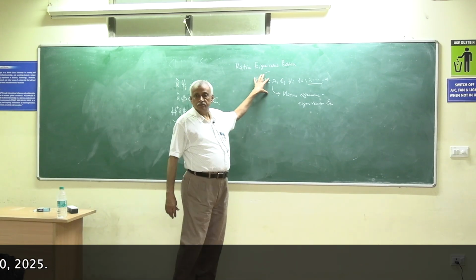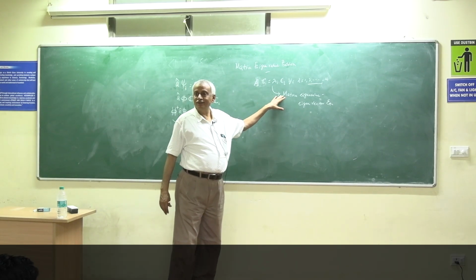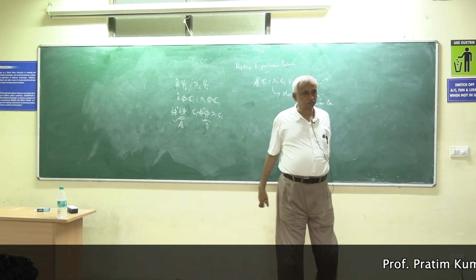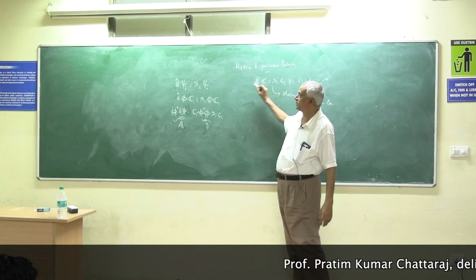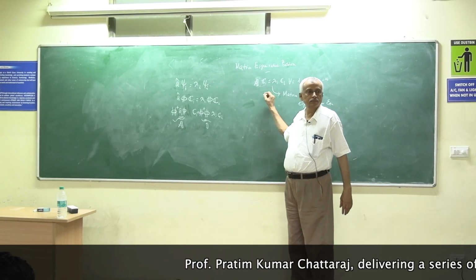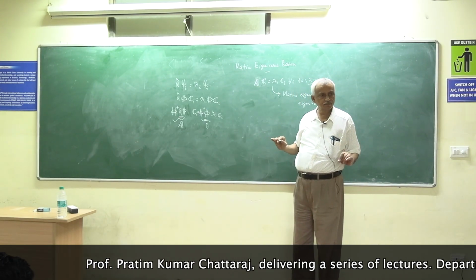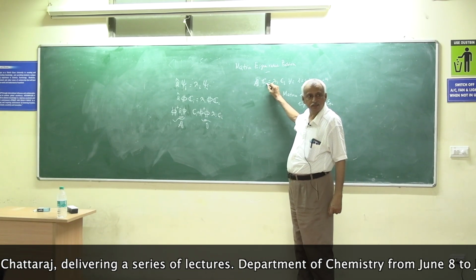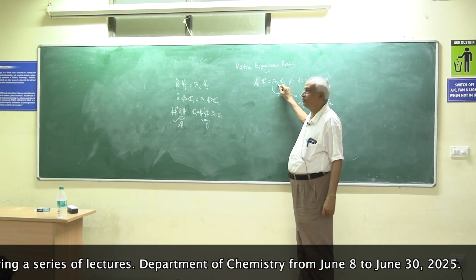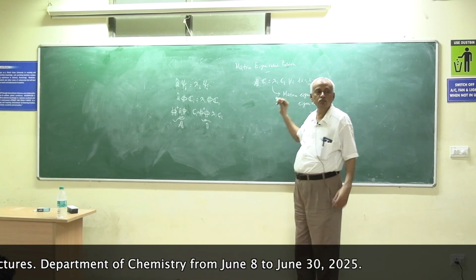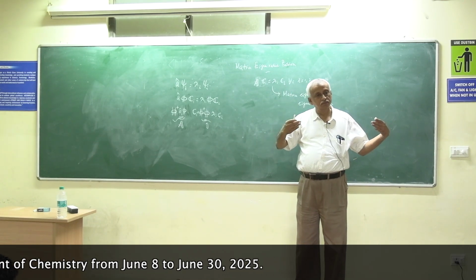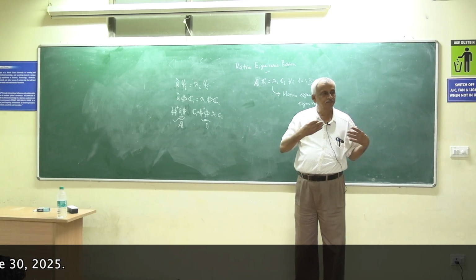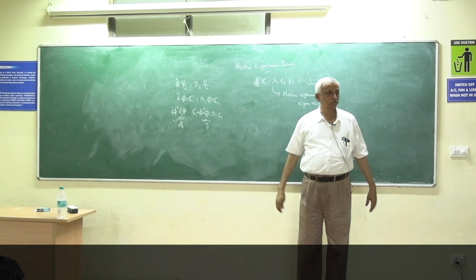Go back to this. This one is just the matrix equivalent of that, because this is your matrix representation of that operator A in your chosen basis. This is your eigenvector, this is your eigenvalue. So which was an eigenfunction eigenvalue relation has become an eigenvector eigenvalue relation.